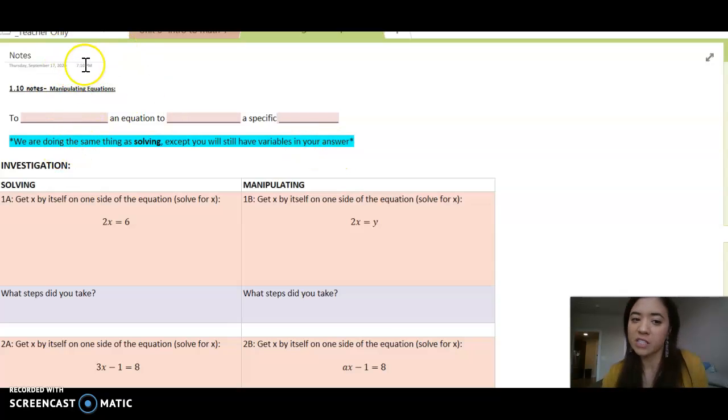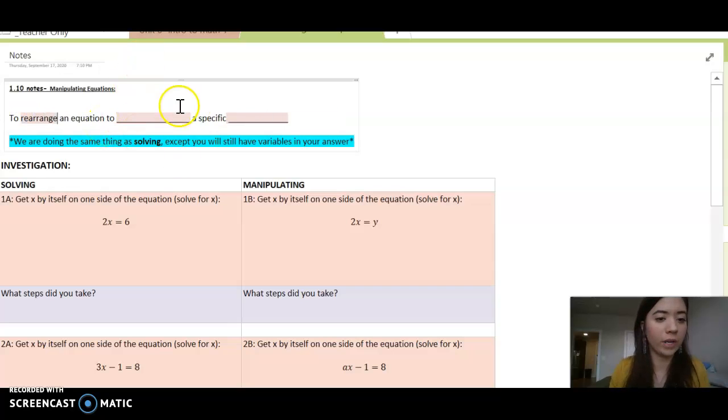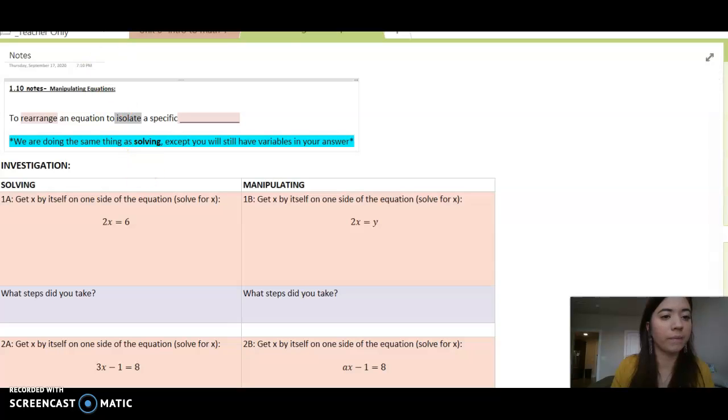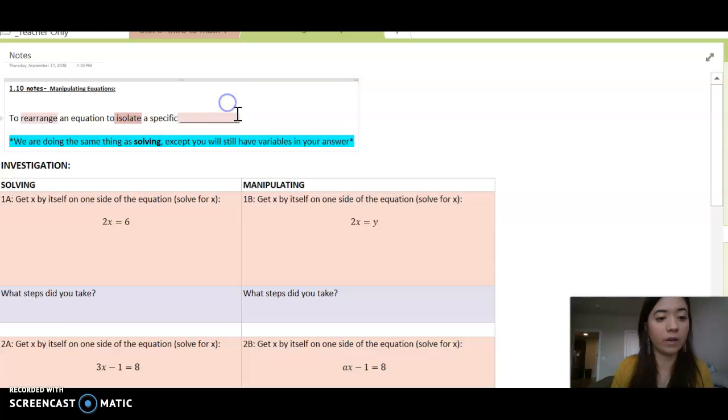But let's get started. So we have manipulating equations, and all that means is to rearrange an equation to isolate a specific variable.